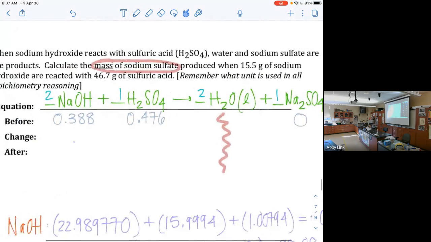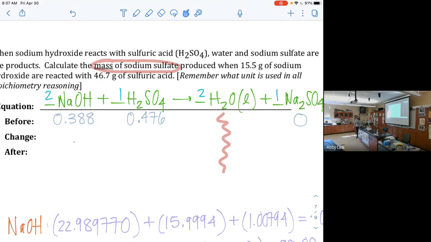Can anybody tell me what my next step is? You don't have to tell me the numbers, but what do I need to do here because it's a limiting reactant? Dalen, what do you think? Good.